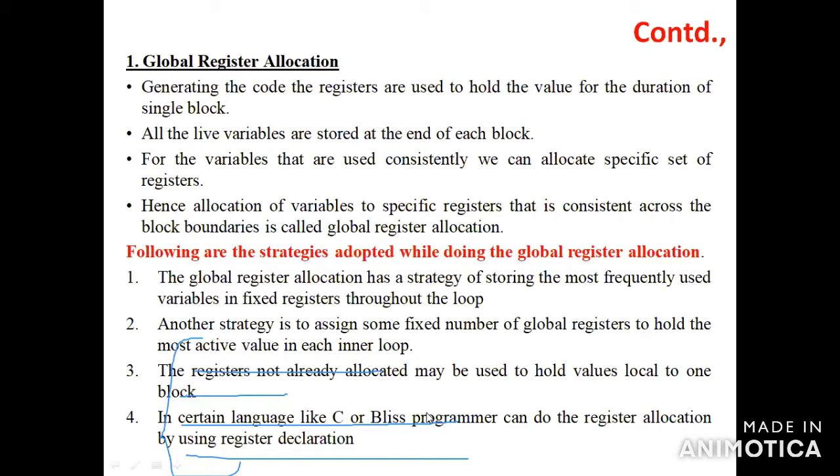The second strategy: assign some fixed number of global registers to hold the most active variable in each inner loop. Third, the registers not already allocated may be used to hold values local to one block. And register allocation by using the register declaration part only. So these are all the four strategies of global register allocation.